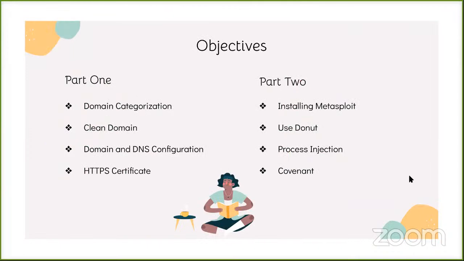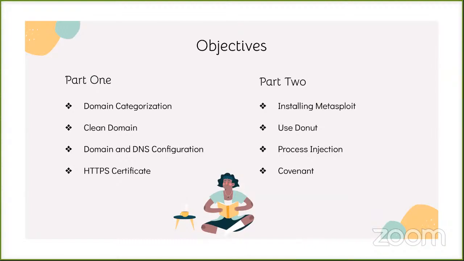So let's go straight into the objectives. I divided them into two. The very first step, or part one, is we're going to learn about domain categorization, how we're going to check if our domains are clean. We're also going to learn about domain and DNS configuration. We are also going to generate HTTPS certificates for our Metasploit C2.